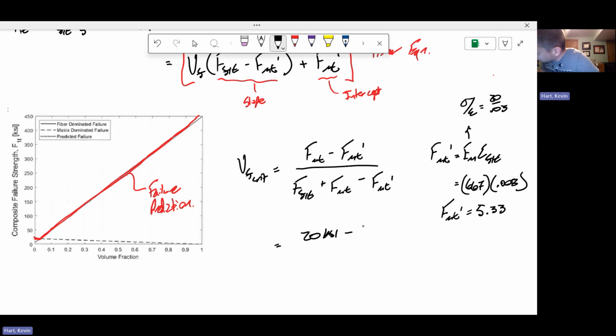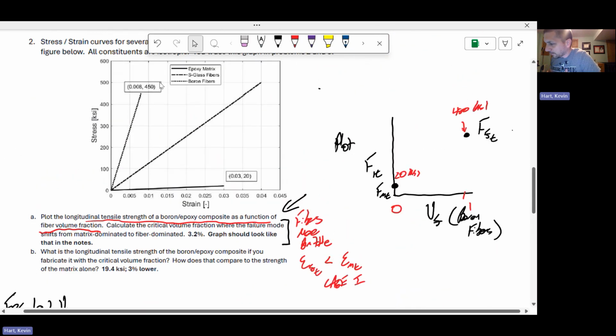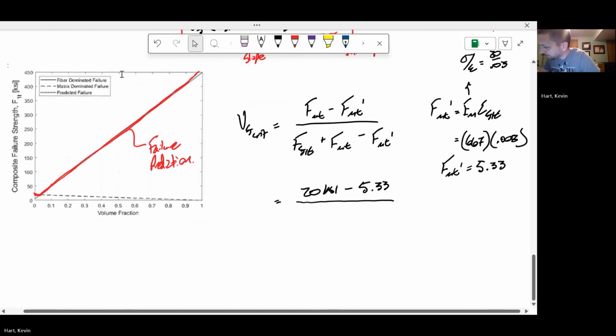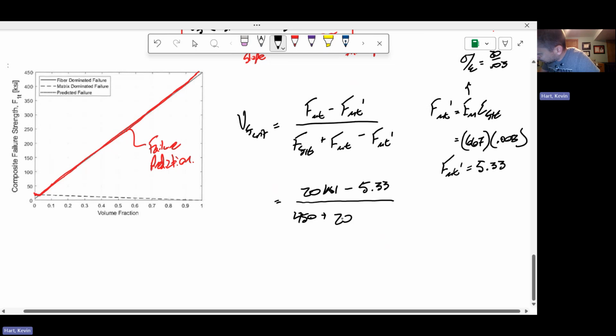Okay, so minus 5.33 KSI, all divided by FF1T. Okay, FF1T, let's go up here. The failure strength of the fiber in the one direction in tension is 450 KSI. Plus FMT, failure strength of the matrix in tension, we know is 20 KSI, minus FMT prime, 5.33.